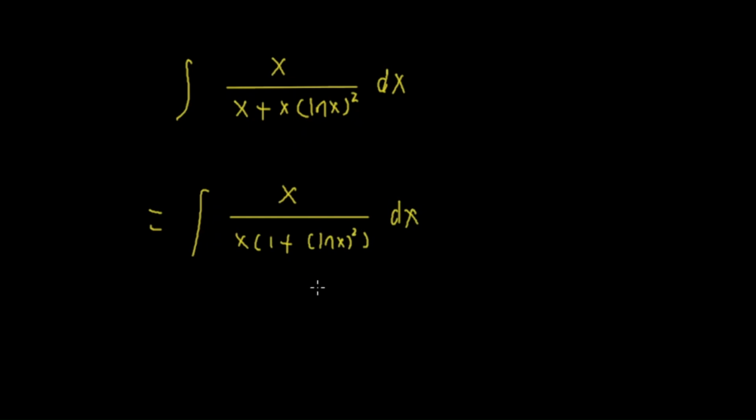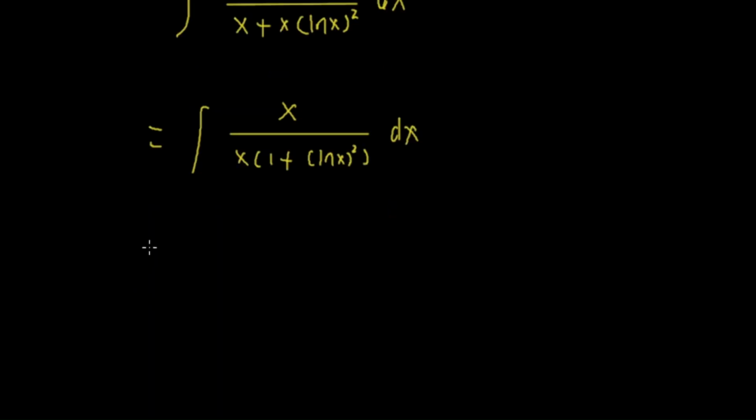Now the x and x can cancel out. What we have left is integral of 1 over 1 plus ln of x squared dx. It looks simpler. What do we do next?